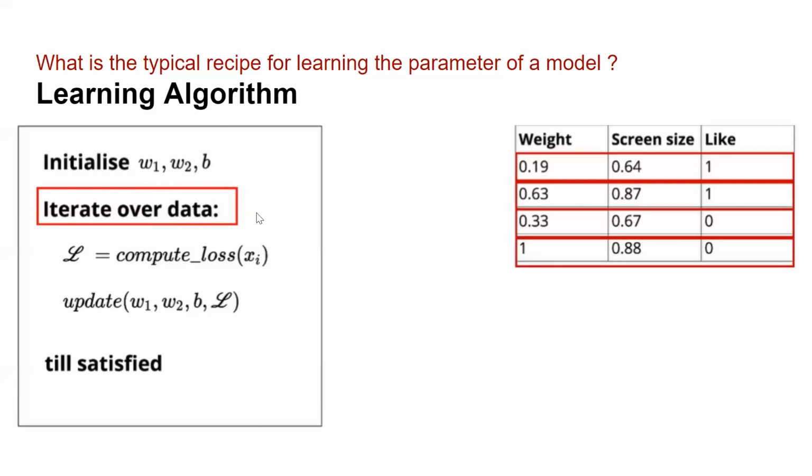If we apply it, the learning will become an impractical problem. Your system will run forever to get the optimal value of W1, W2, and B. So we have to rely on some principled approach for figuring out the optimal value of these learning parameters.